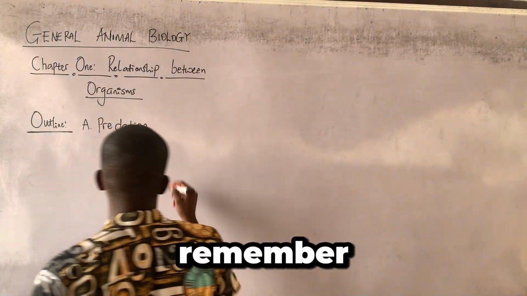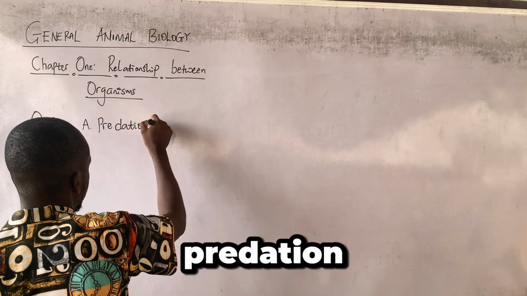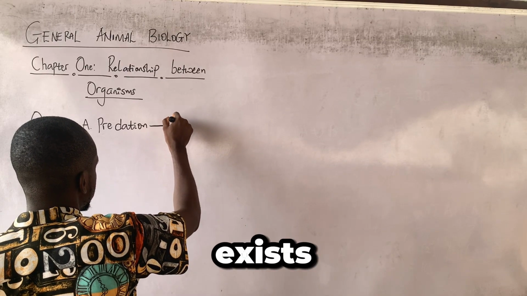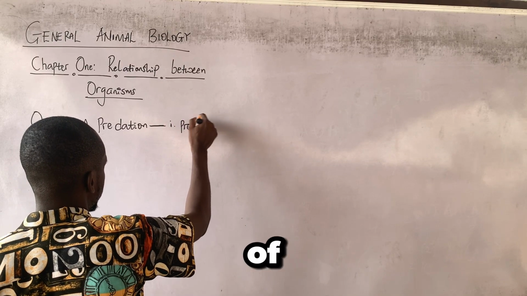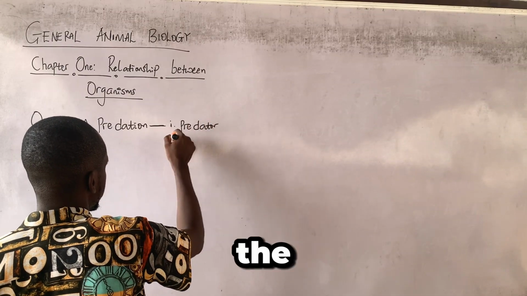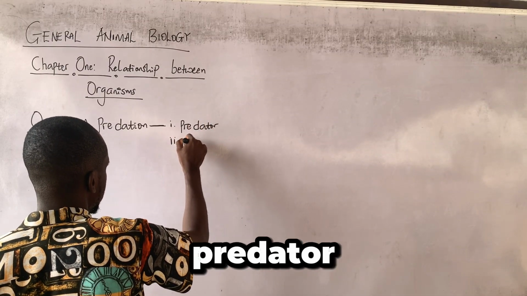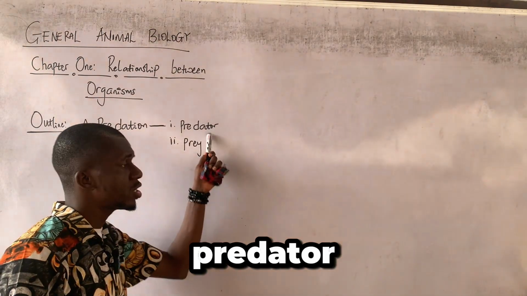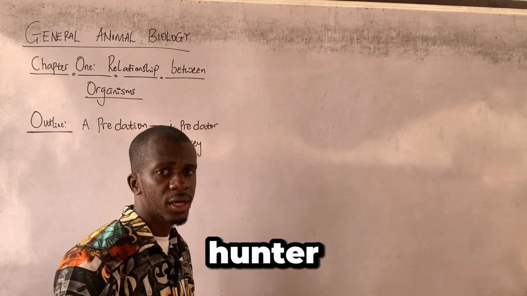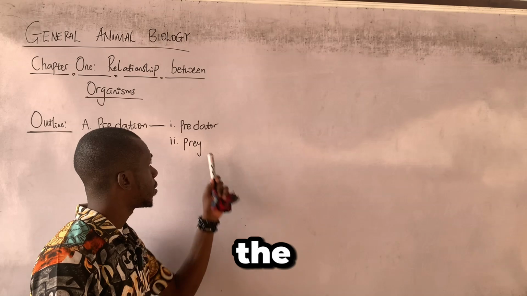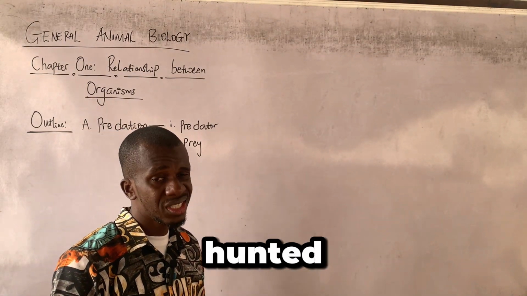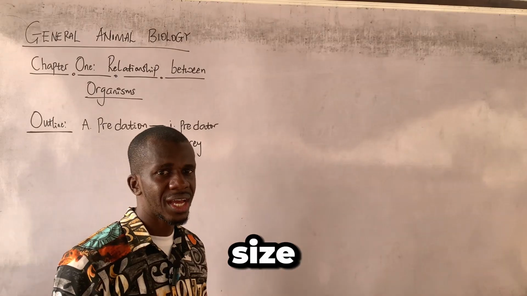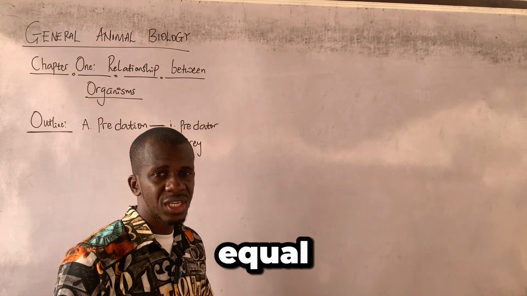Alright. Now remember we said the predation or the predatorial relationship exists between two kinds of organisms. The first one is called the predator and the second is called the prey. So the predator is usually the hunter and is usually stronger. The prey is usually the hunted, okay, and it's usually smaller in size or of equal size.